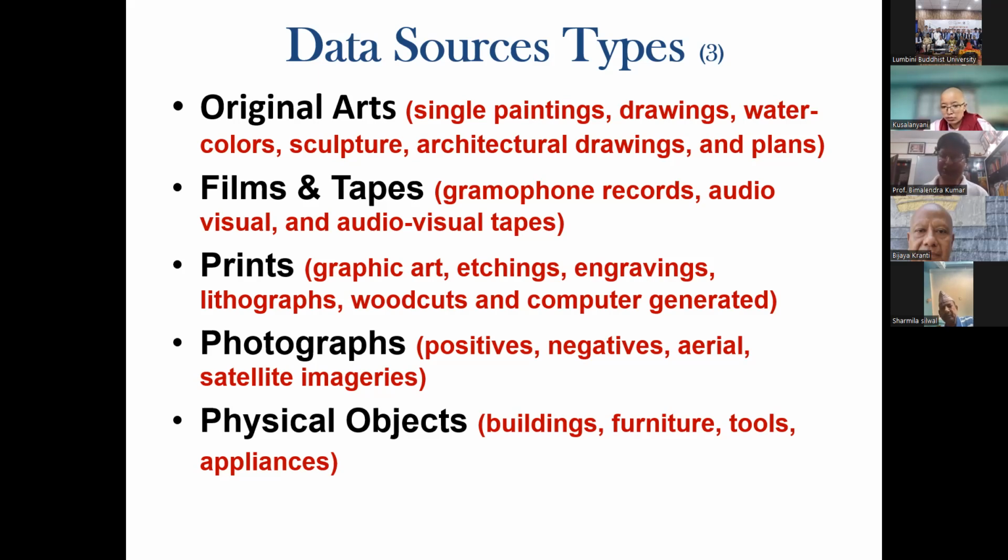Even the photographs, positive films, negative films, and aerial or satellite images are available, as there are institutions related with remote sensing. They are recording some of the things related with our geographical or political aspects. So these are some of the sources related with Buddhist places and Buddhist interests, and how these were developed.